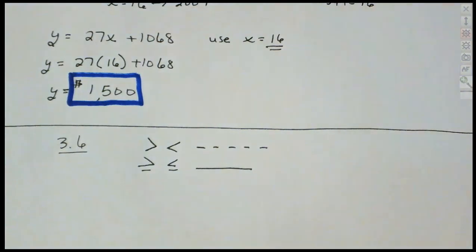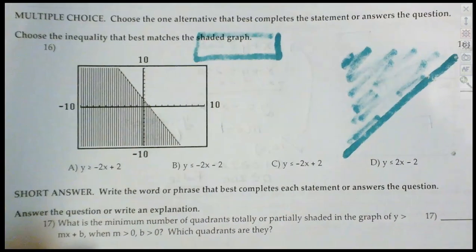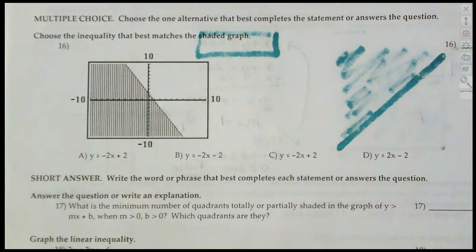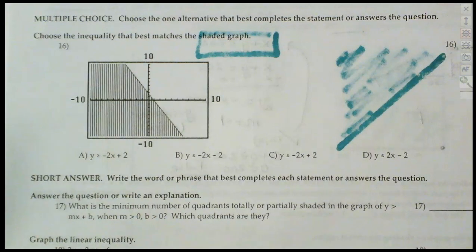Question 16. Okay, on question 16, I want you to look at the graph here and figure out which ones it could be. Now, we can go ahead and use process of elimination. So when I look at this graph, what do I know?